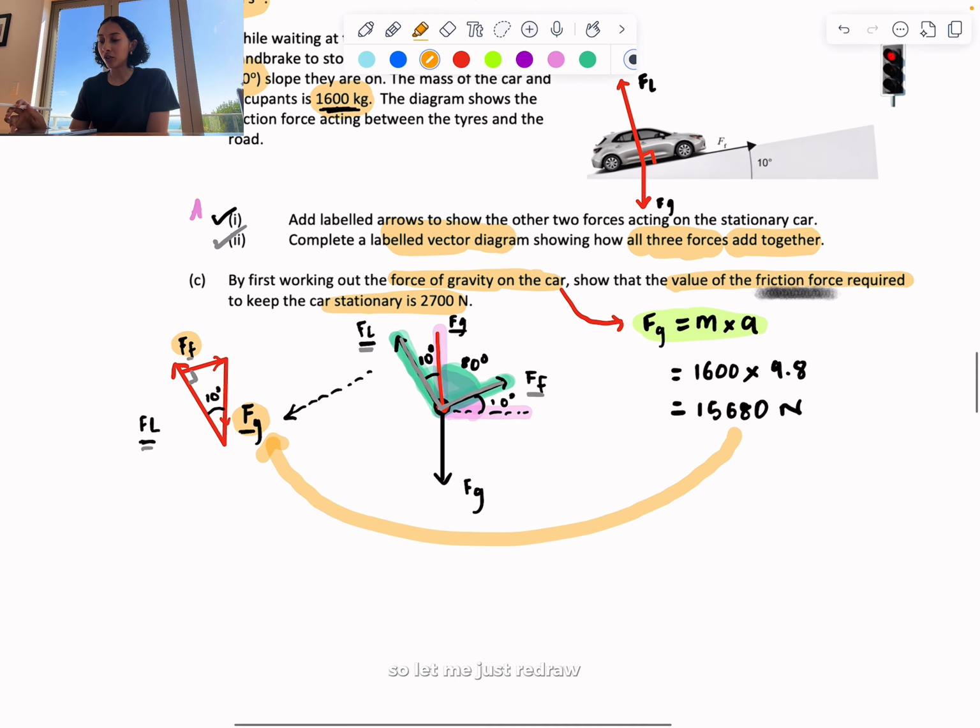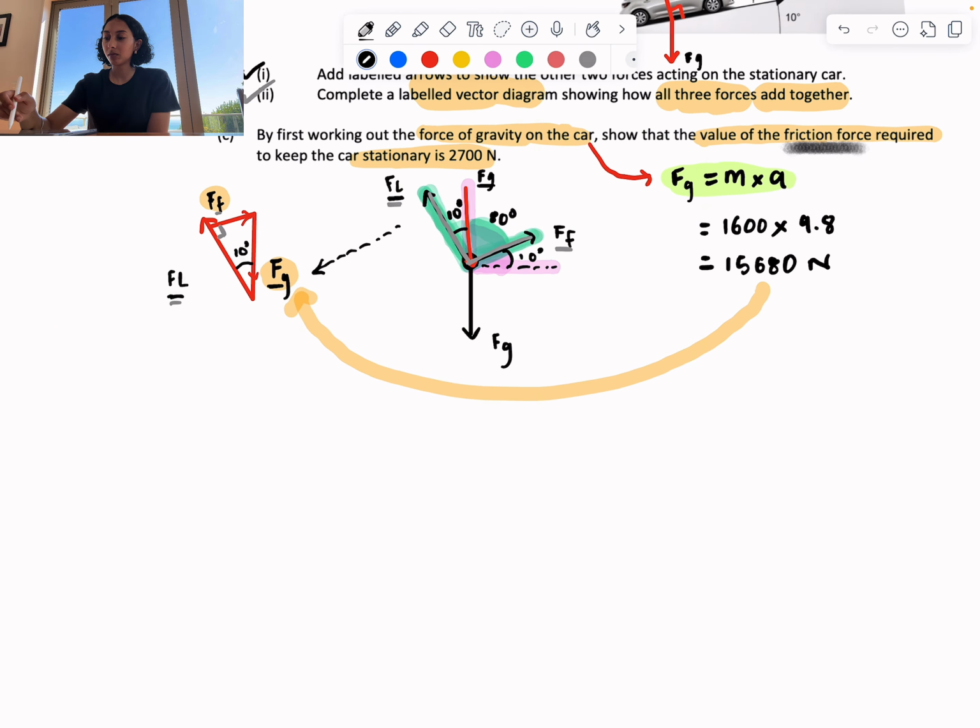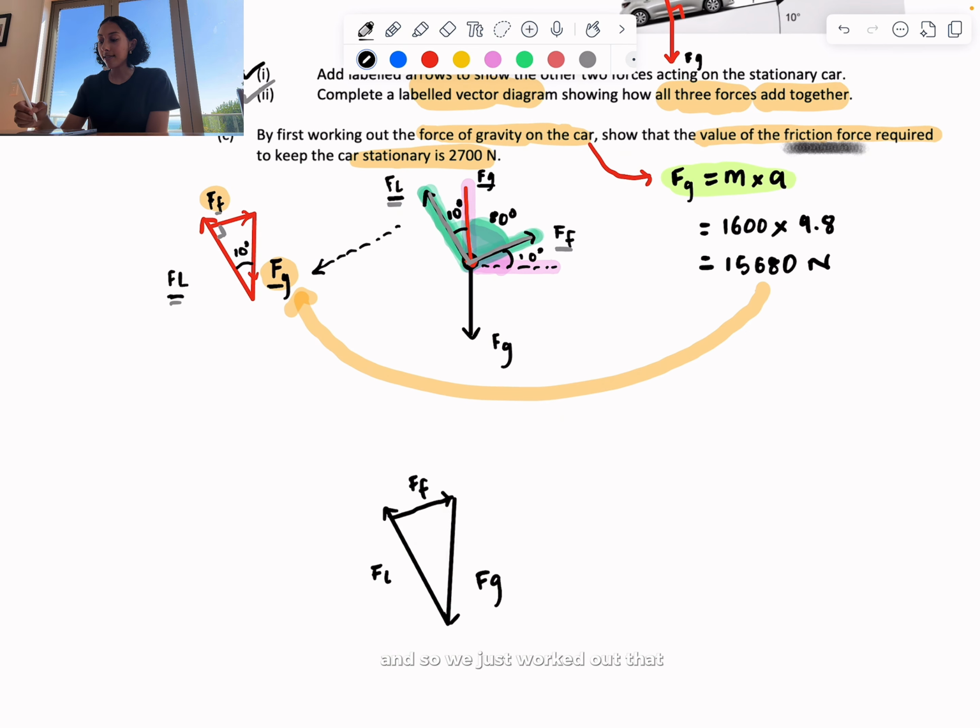So let me just redraw it so it's clearer. So we've got FL, we've got our gravity, and then we've got our friction force. Okay, and so we just worked out that the force of gravity on the car is 15680 newtons. Let me add that angle in there. We want to figure out what this is.